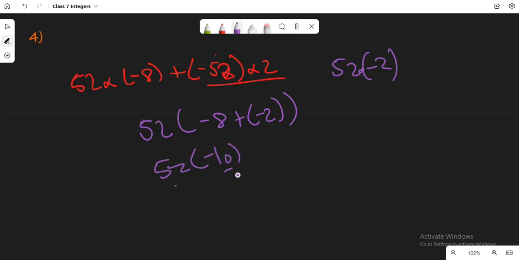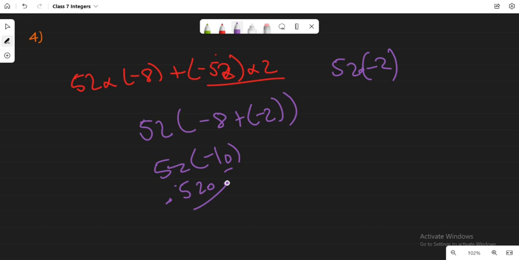We know that when we multiply a negative integer with a positive integer, we get a negative integer. And any number multiplied by a multiple of 10 results in the number followed by the zeros. So we write minus 520, and this is the answer.